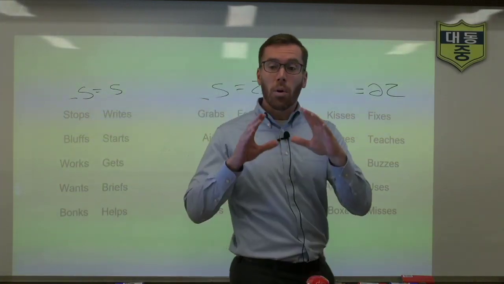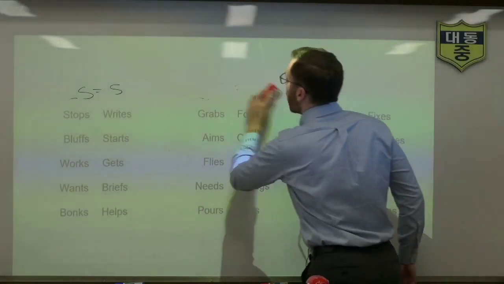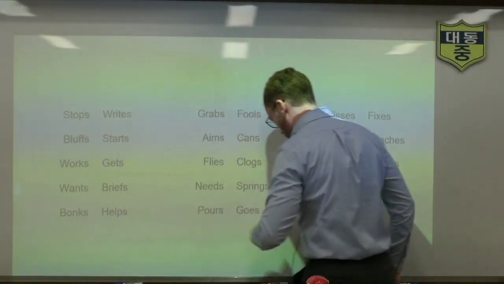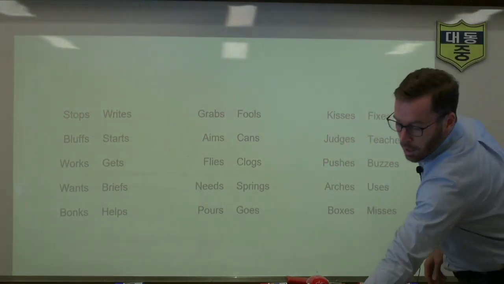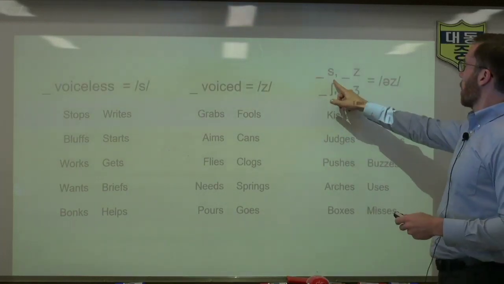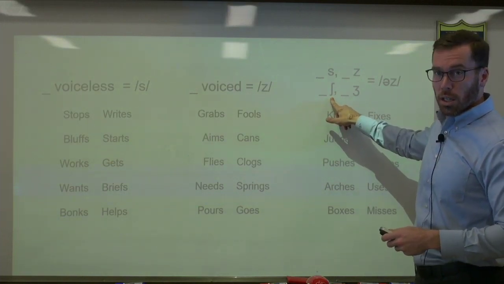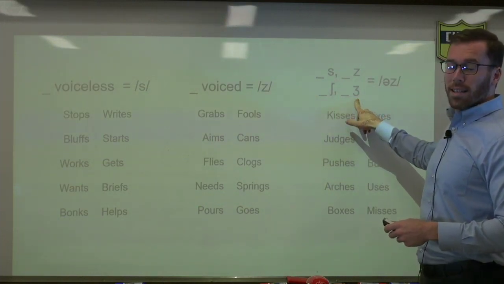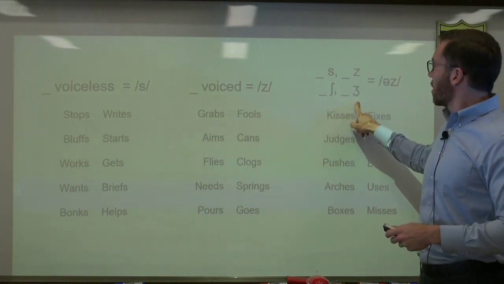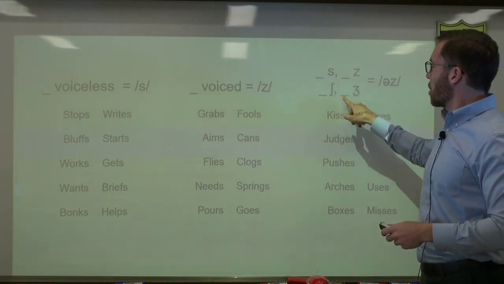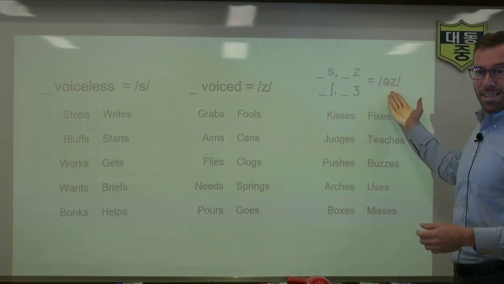When you find a word that ends in S or Z, or this is the symbol for sh, and this is the symbol for j, sh, j, s, z, sh, j, you will get the ez.